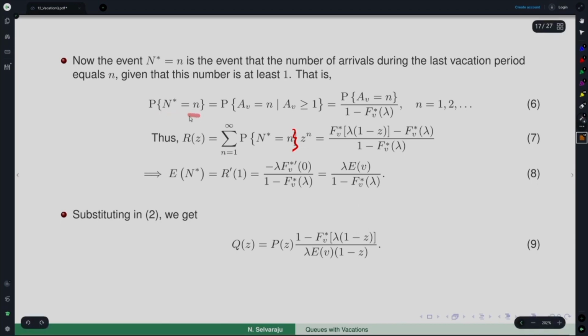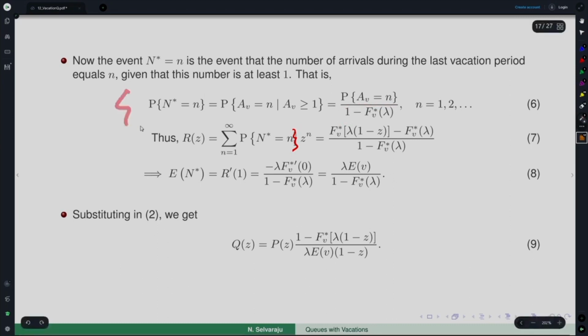So, N star equal to n is the number of arrivals during a vacation period, given that it is at least 1. This is equal to this for n equal to 1 to infinity, and the probability of this we just obtained to be 1 minus FV star of lambda.